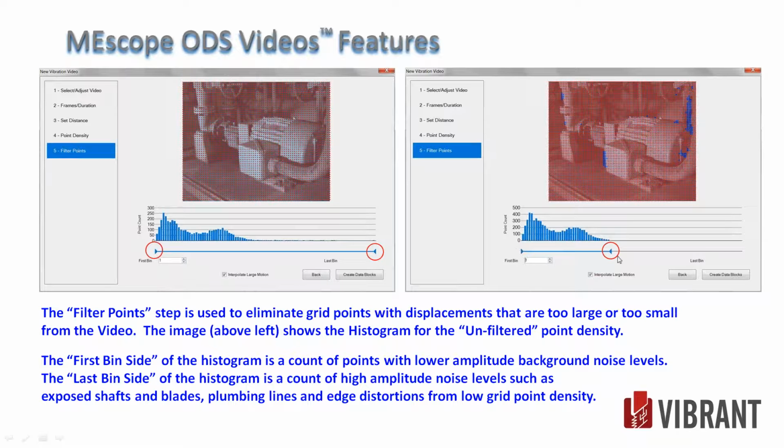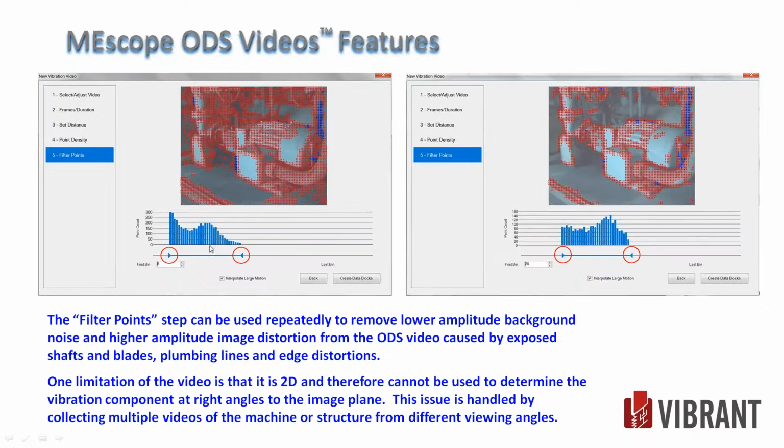So this is a histogram, and it is looking at points of occurrence versus the overall count in here. We have just a few high frequency points out here, high motion points that we want to get rid of with this slider bar. The other slider bar gets rid of the background noise. The low amplitude points over here, there's a lot more of those in the background.